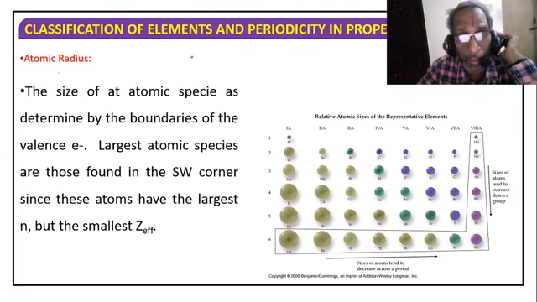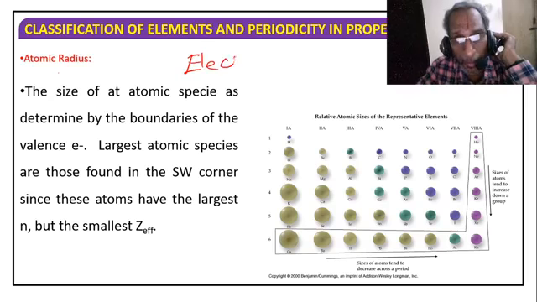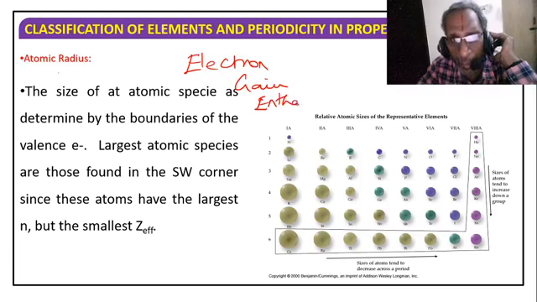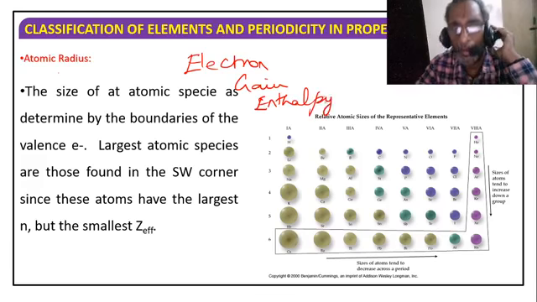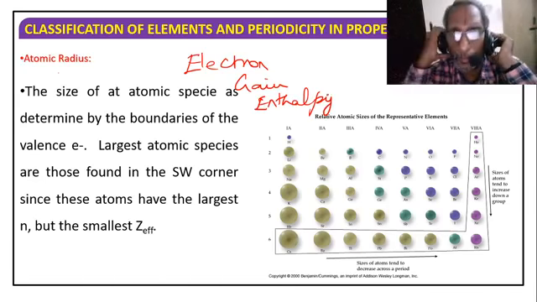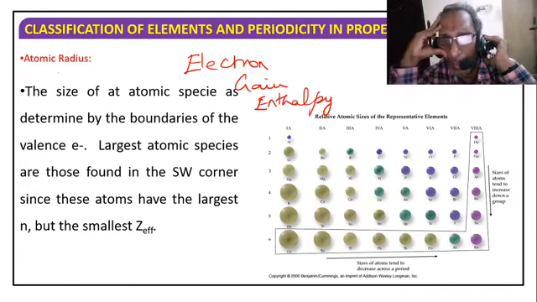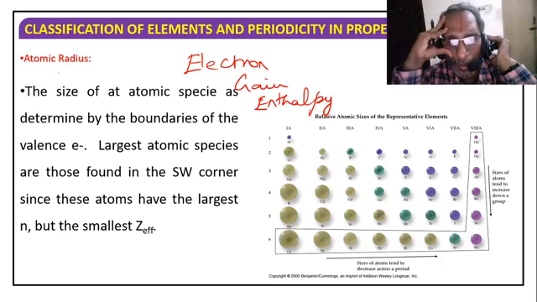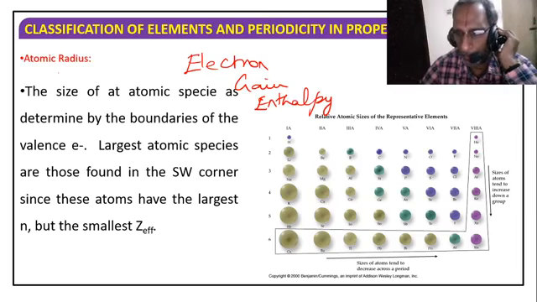That is why it is called electron gain enthalpy. We will study them in detail. Electron gain enthalpy means energy; you will see it is not strictly an energy term. It is the energy released when an atom gains an electron.